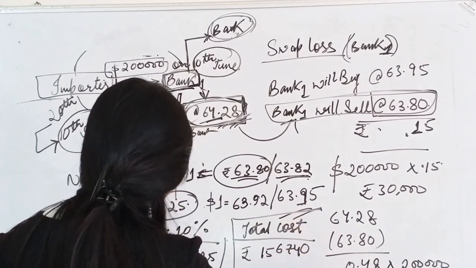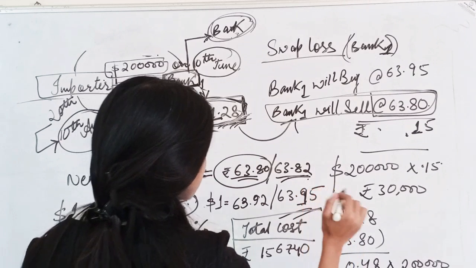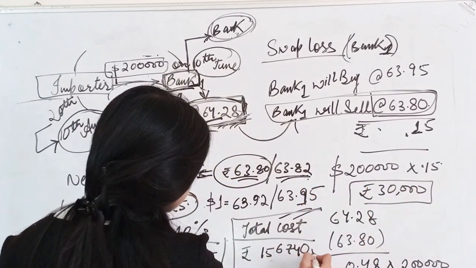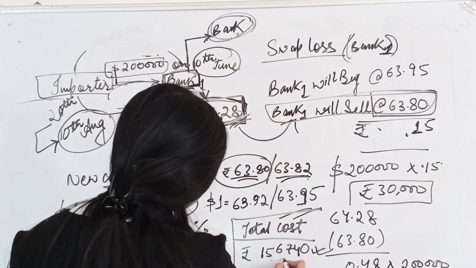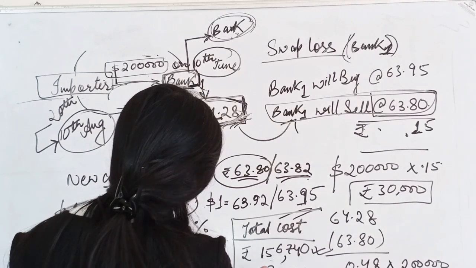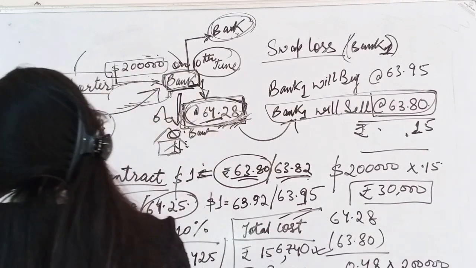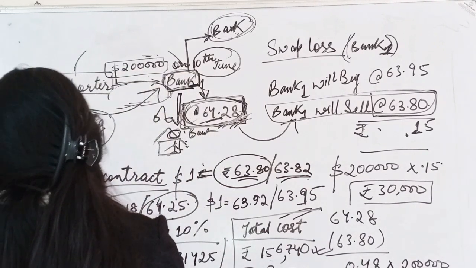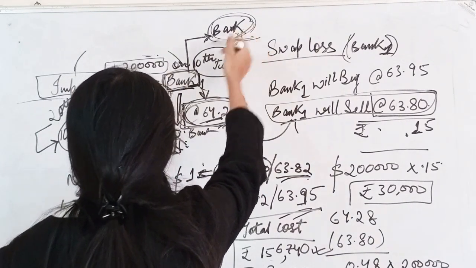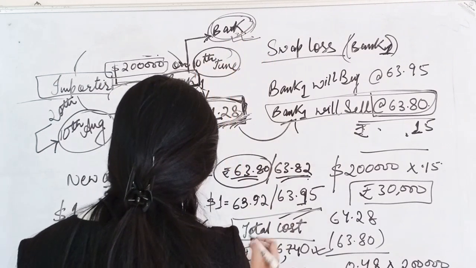Then it will include the swap loss. This is the cancellation charges. Then the swap loss due to the swap with bank 2, which bank 1 is suffering, and the interest charge from bank 2 to bank 1.